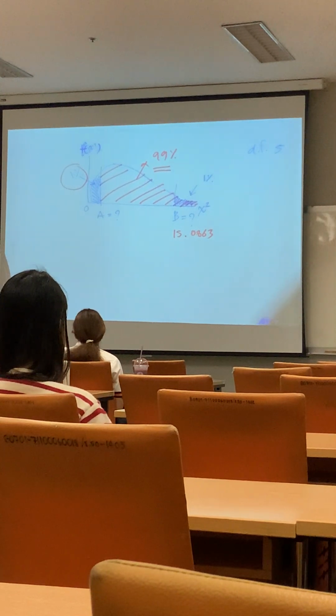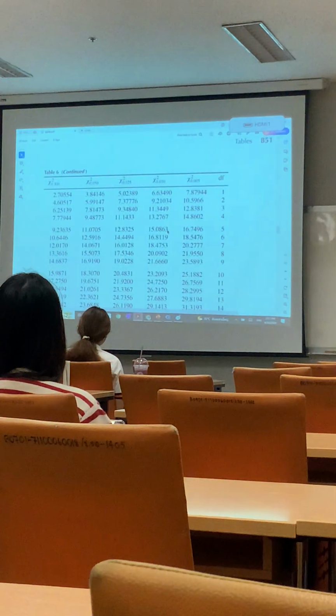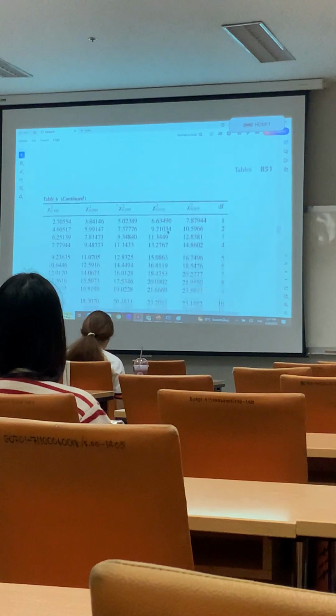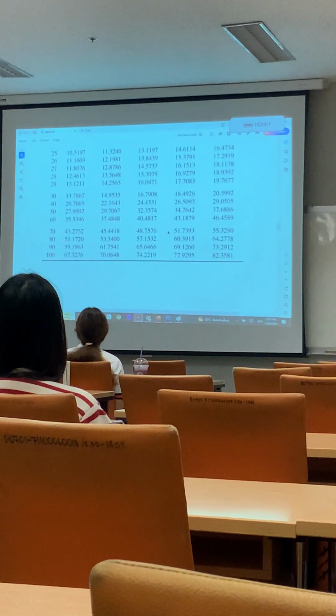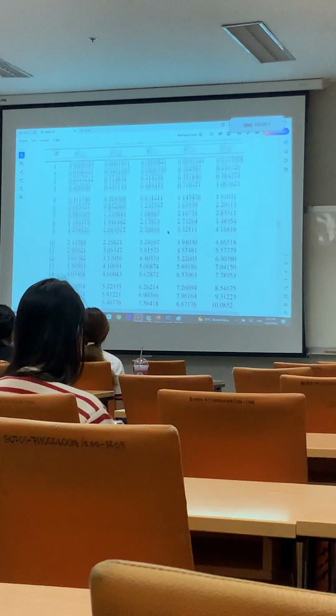If we go back to our table, we have to go to the first chi-square table, because that's where we find all the areas of 99% or above 90%.